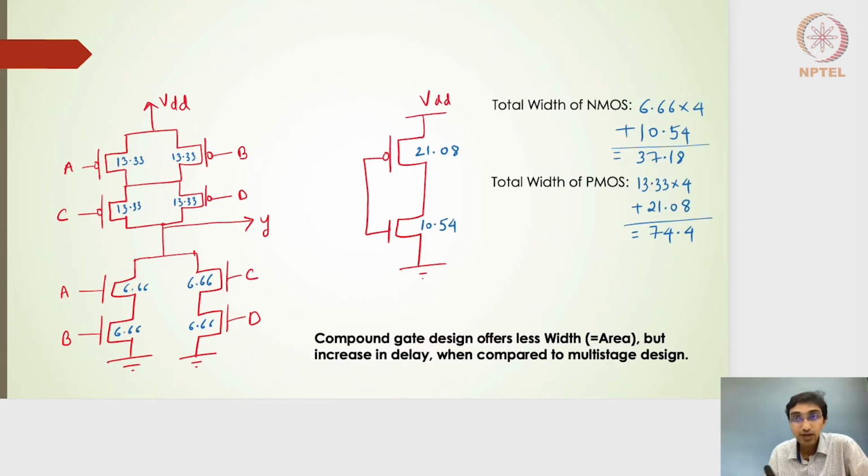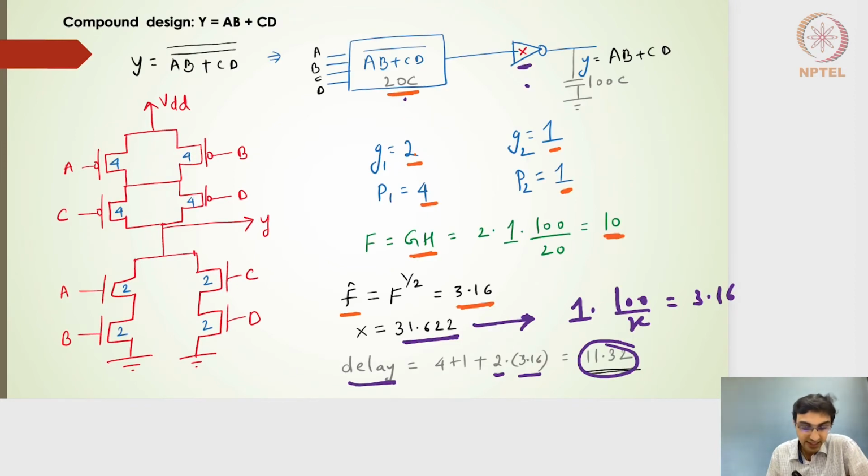So let's also try to evaluate what is the overall area or the footprint of this particular design. So I now have the sizes. Once we have evaluated what is the X value from the previous slide, which is 31.622, the 2:1 inverter will create 3 parts of 31.622, and then 2 parts of the 3 parts will go to the PMOS side, and then 1 part will go to the NMOS side.